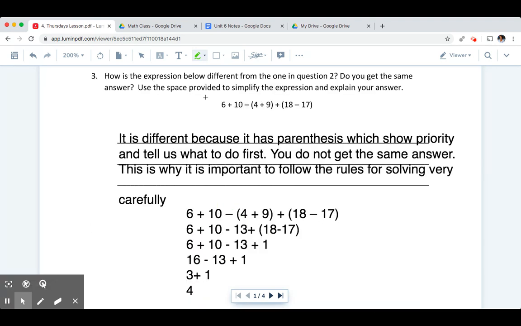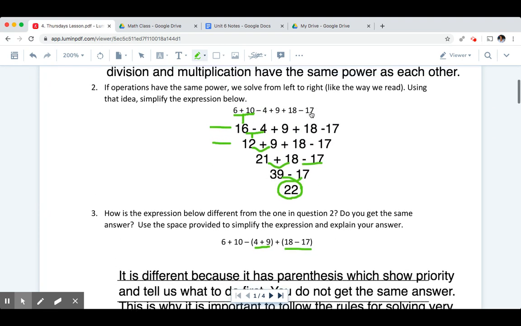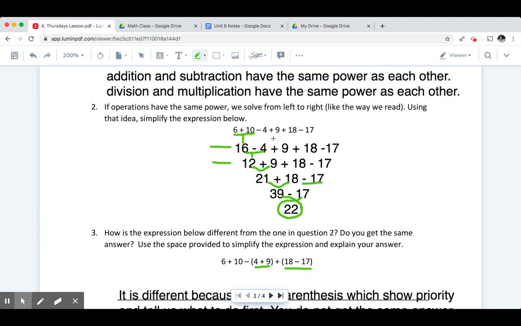Number 3. How is the expression below different from the one in question 2? Do you get the same answer? Well, this expression is different because it has parentheses. So the parentheses show priority and they tell us what we have to do first. While in number 2, there were no parentheses, so we just solved from left to right.